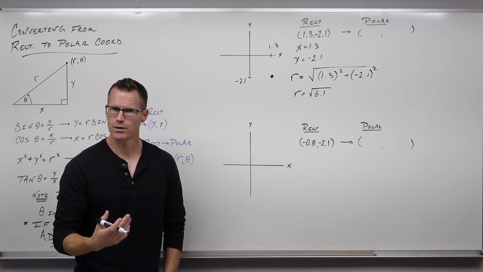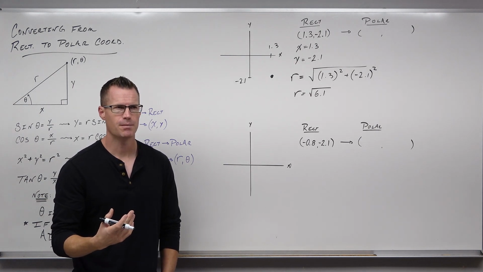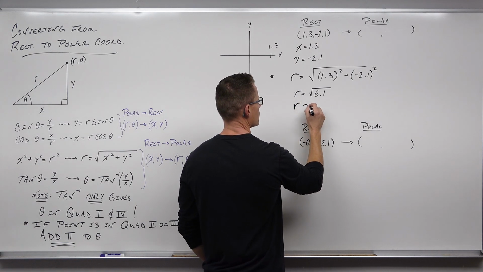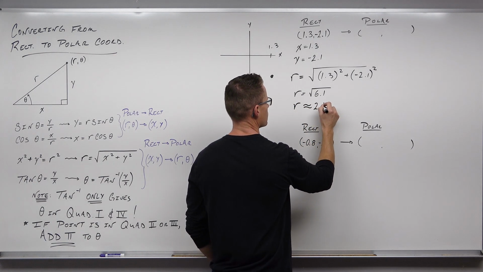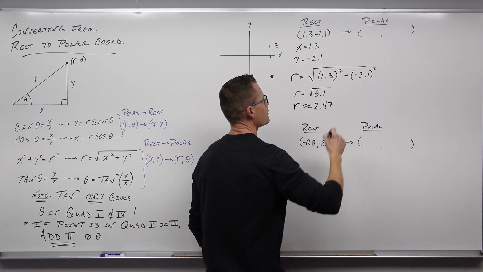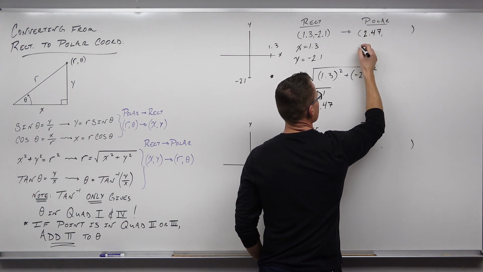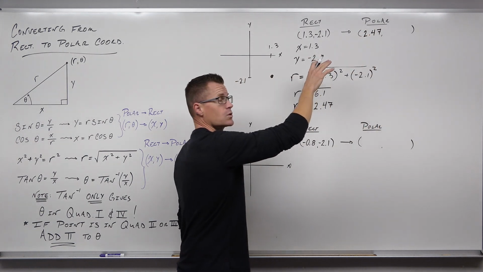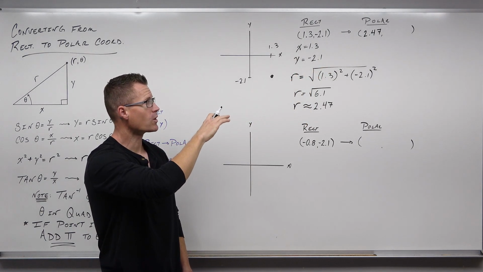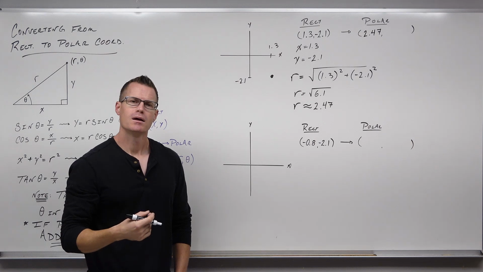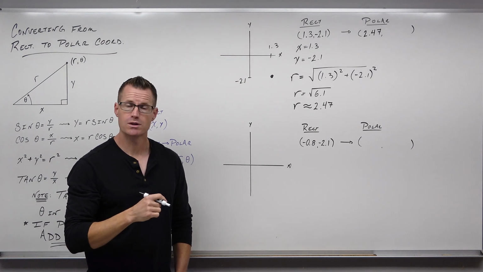If you're okay with an approximation, this is about 2.47. That's the distance this point is away from the origin.